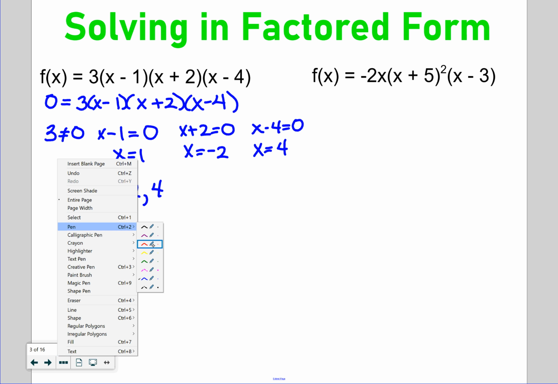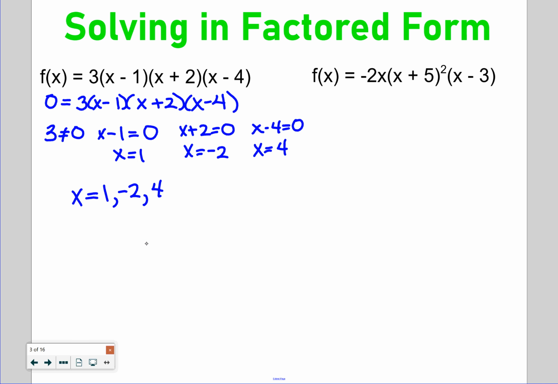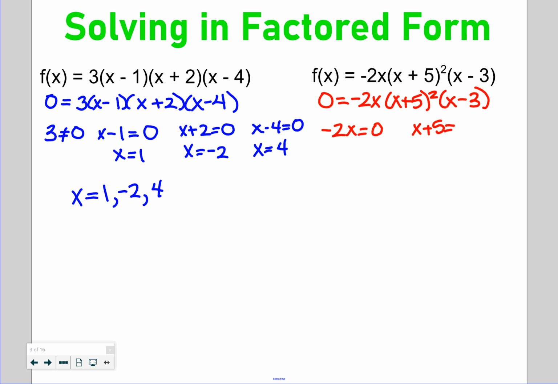Looking to the next problem, again, I'm going to set it equal to 0 to start. So 0 equals negative 2x times (x plus 5) squared times (x minus 3). So I'm going to set each of my factors equal to 0. I'll just go ahead and do that for all of them here first. And now I'm going to solve for x.